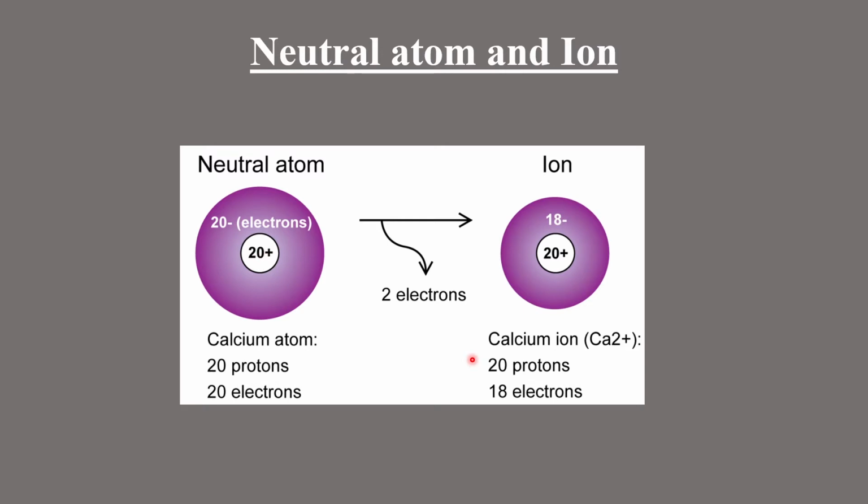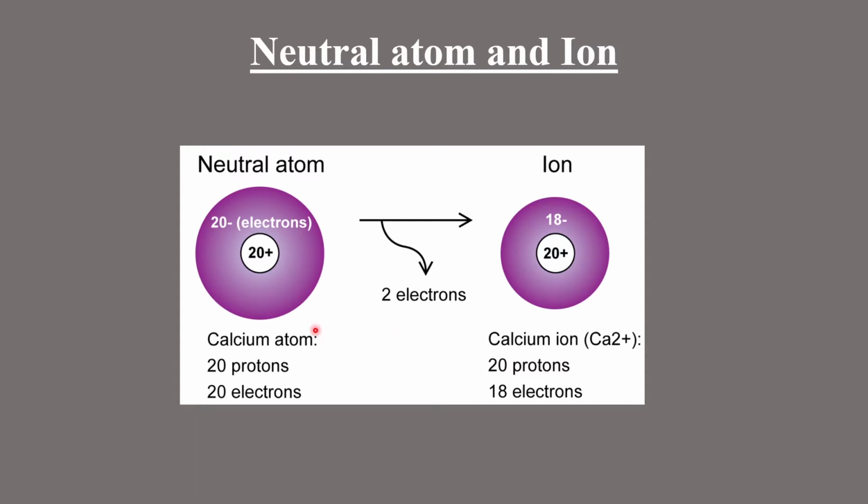An atom in which the electron-proton balance is not maintained has a net charge and is called an ion. An atom or molecule can have a net electric charge due to the loss or gain of one or more electrons.